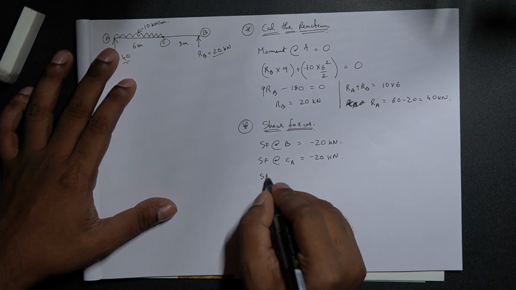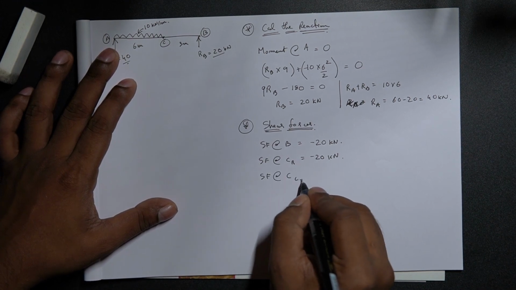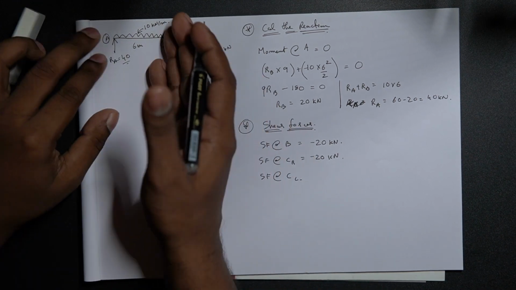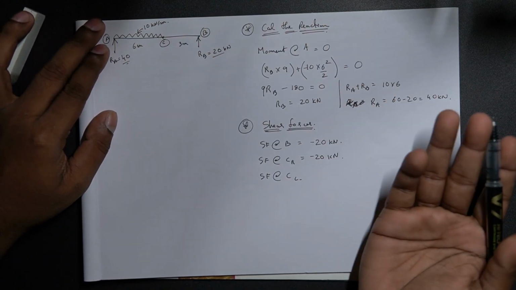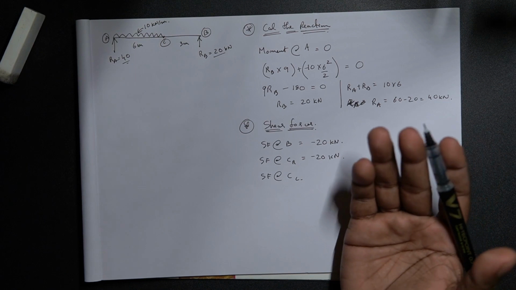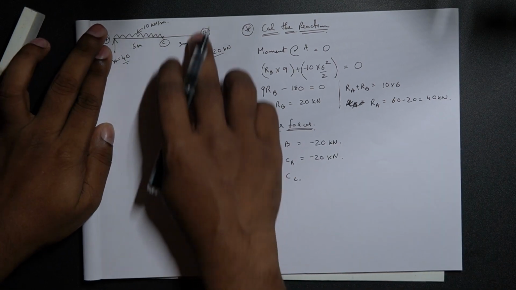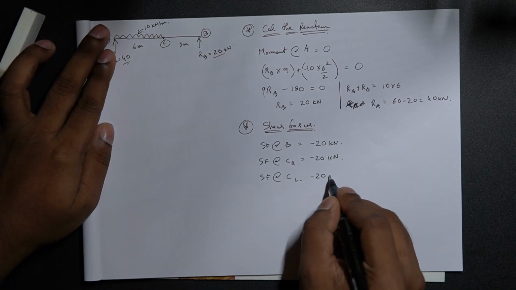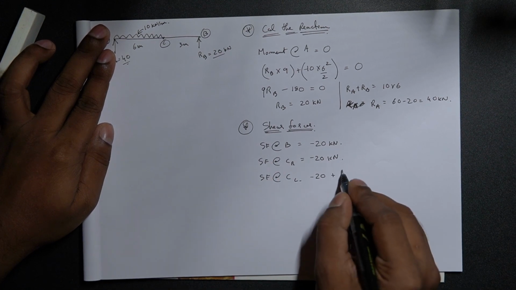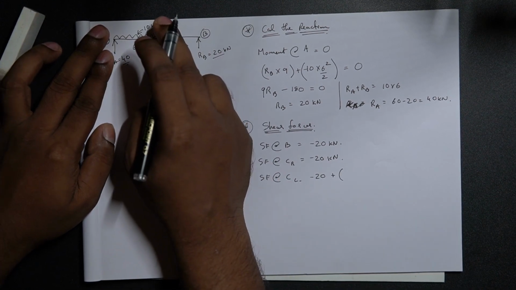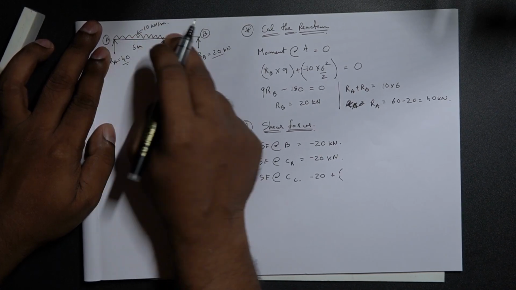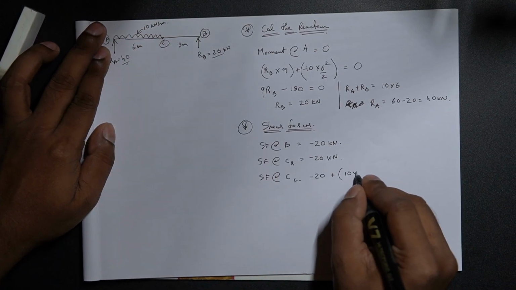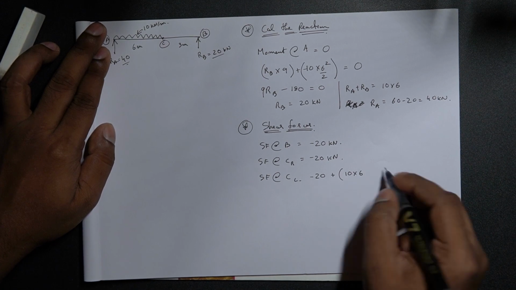Next, shear force at left of C. Now left of C or at A, both are the same. There's not much difference anyway. So if you consider RB is minus 20 kilonewtons acting downward, plus we have 10 kilonewtons per meter acting from top towards bottom on a span of 6 meters, so that is 10 times 6.